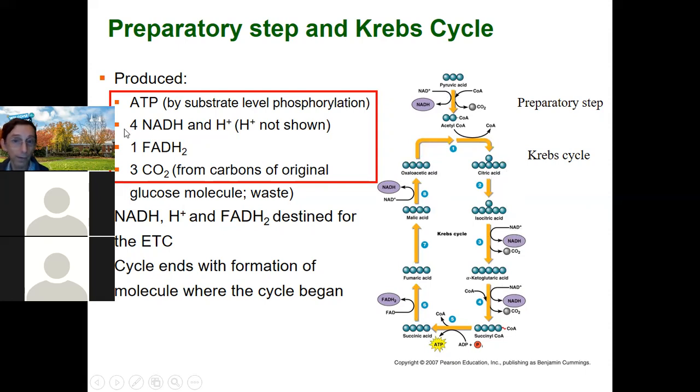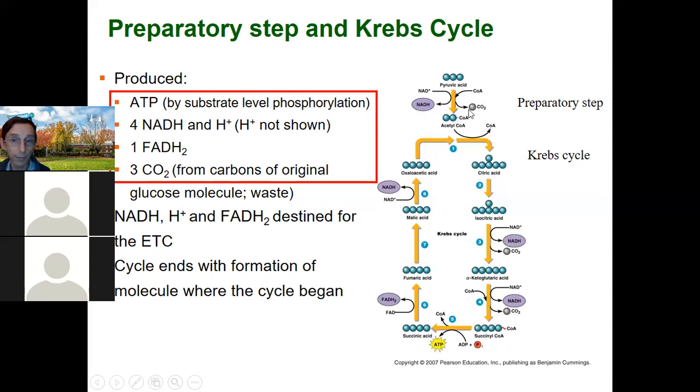Along the way, we generate NADH in the Krebs cycle, one here and one there, and in the preparatory step, one there. So 4 NADH get made per molecule of pyruvic acid. And 1 ATP gets generated right here for each pyruvic acid. And then 3 CO2 come off, and that's all of the carbons in pyruvic acid.